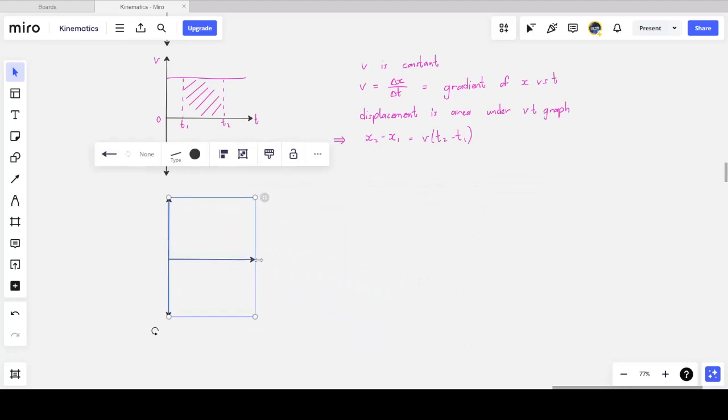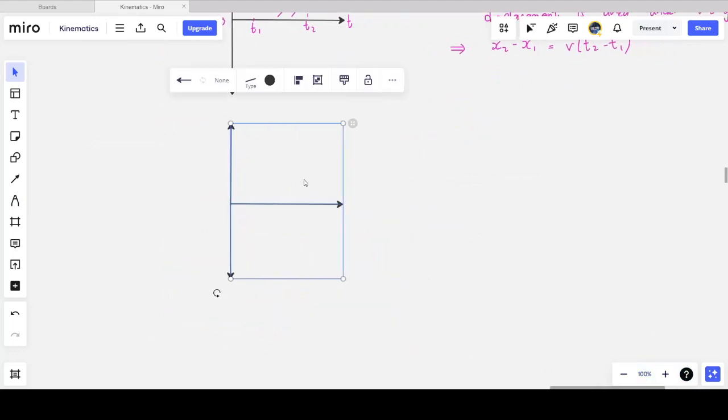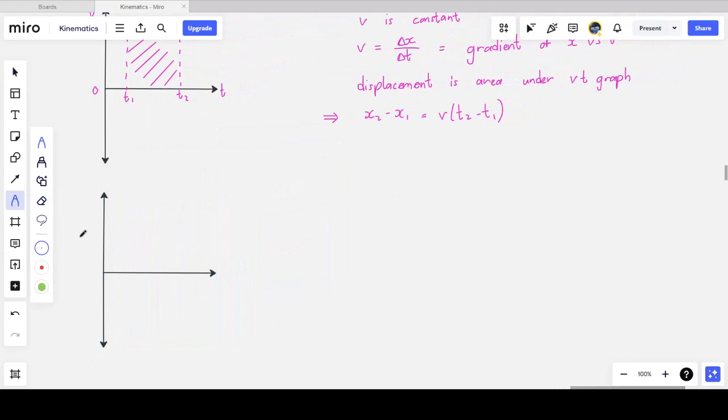And so lastly, I need to plot a graph of acceleration against time. If I sketch acceleration against time, what I know is the acceleration is the rate at which velocity is changing, but velocity is not changing. So acceleration will always be zero for an object whose velocity is not changing.